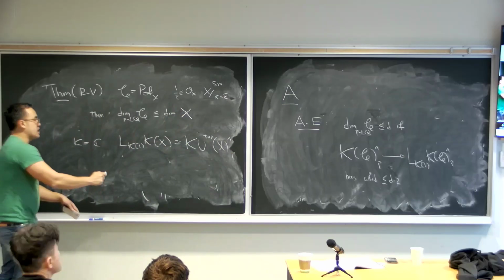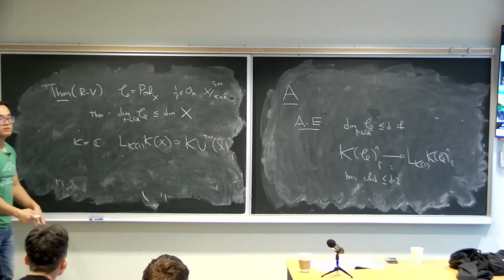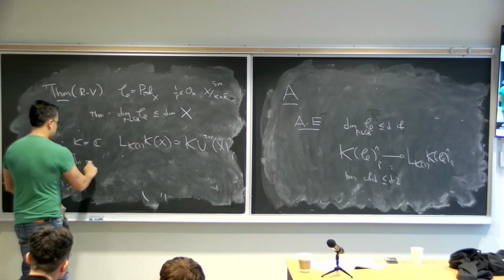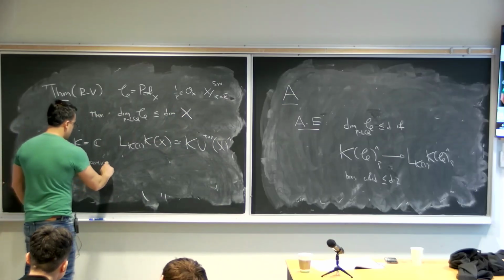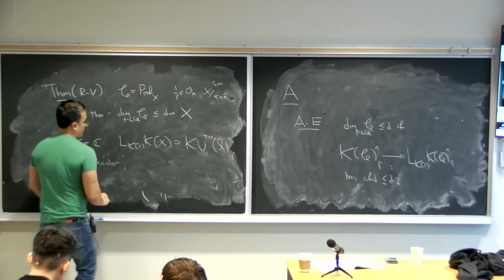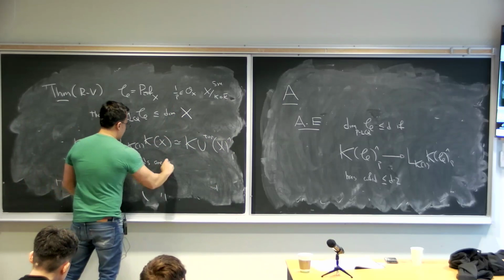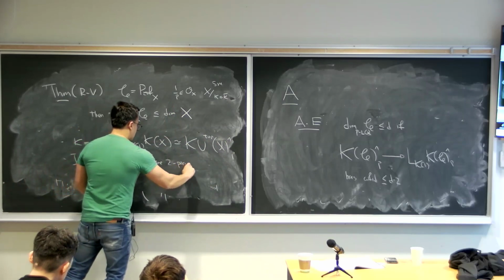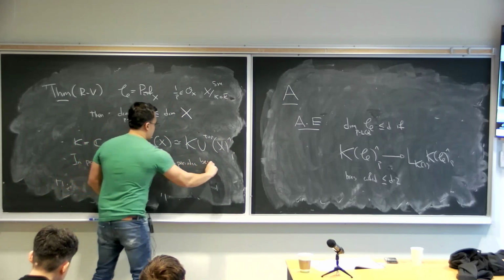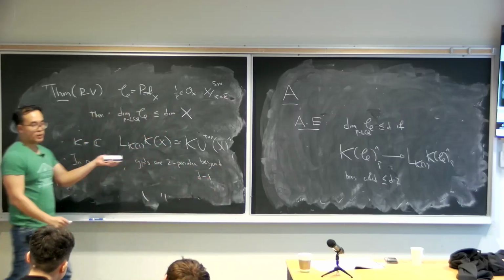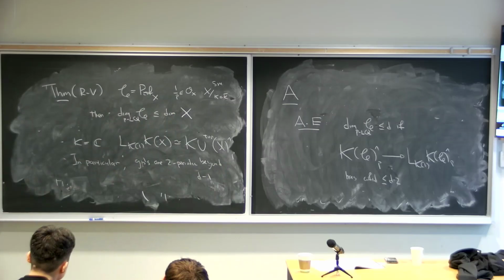So it's telling you when topology starts taking over. In particular, the groups are too periodic beyond, let's say, degree D minus 1, when you have Lichtenbaum-Quillen dimension less than or equal to D.